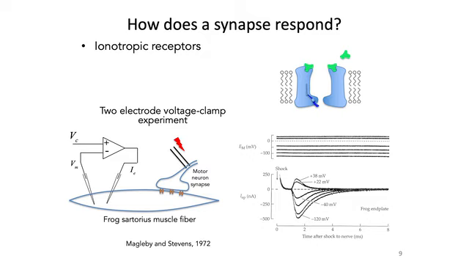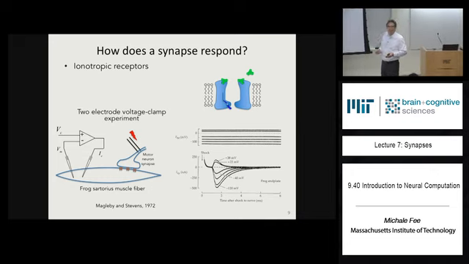They took a muscle fiber from a frog and set up a voltage clamp on it, with an electrode to measure the voltage and another electrode to inject current. You hold the voltage at different levels, and then they electrically stimulated the axon of the motor neuron that innervates the muscle.